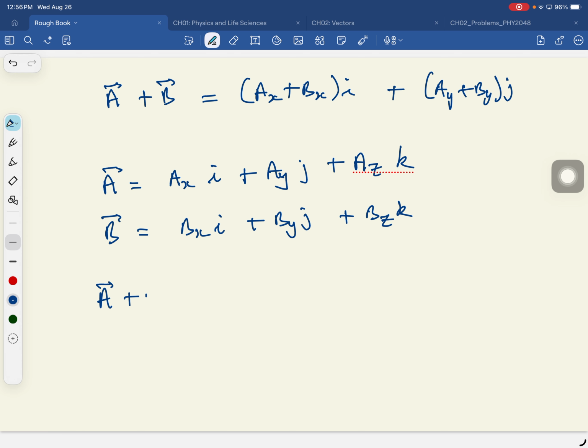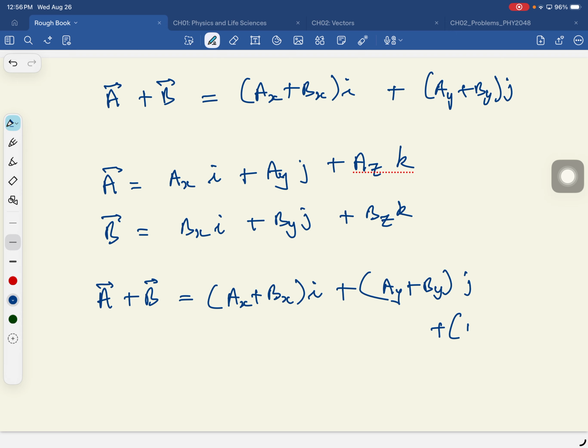Help me out with A plus B. All right, I got the first component. What is the y component? Ay plus By j, plus Az plus Bz k. All right, so now you know how to add vectors.